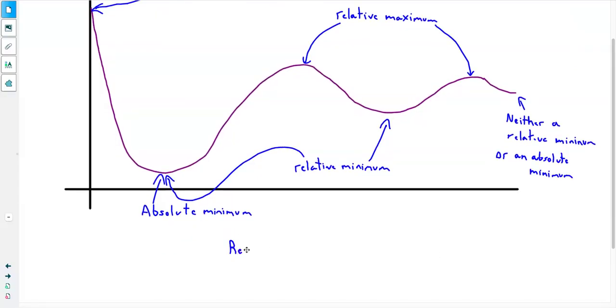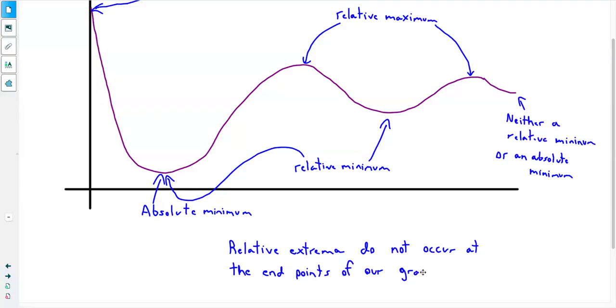So, like I was mentioning, our relative extrema, so maximum or minimum, do not occur at the endpoints of our graph, which can be thought of as those values in our interval.